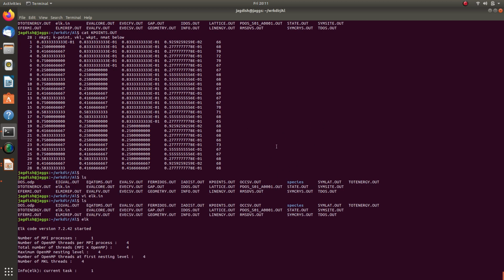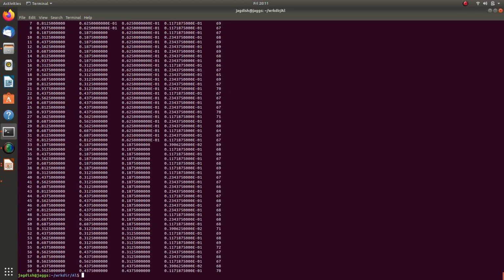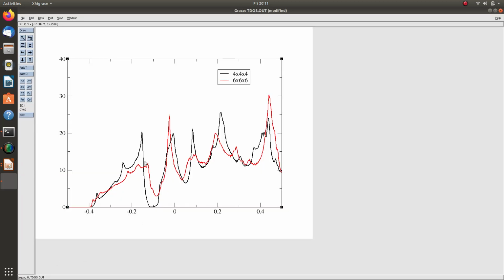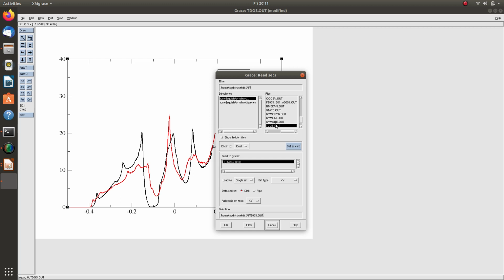Now the calculations are taking a little longer because the number of k points has increased. So now we have taken 60 k points, and you can import, and again the file has been overwritten, so I can directly call this file.